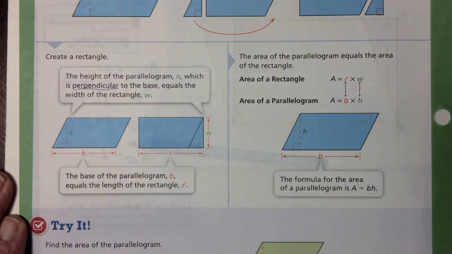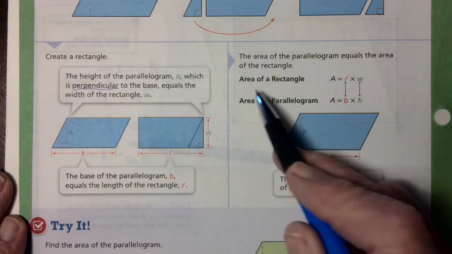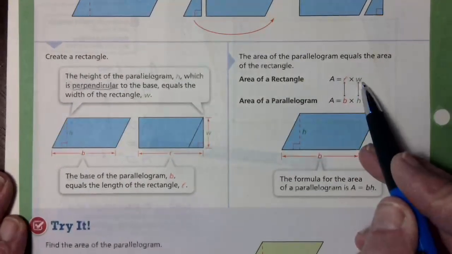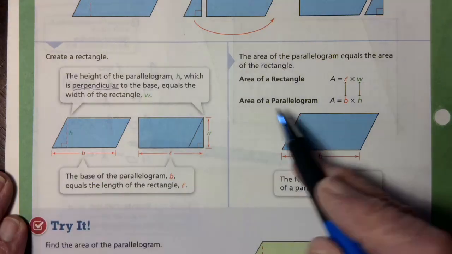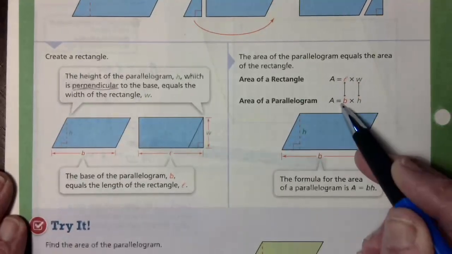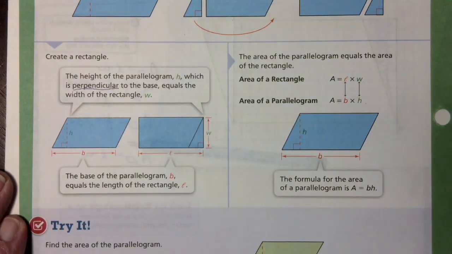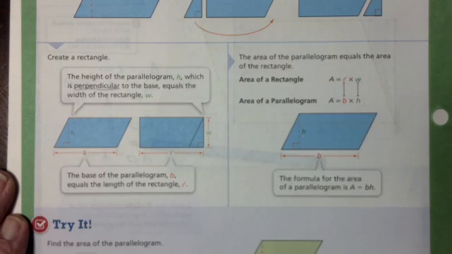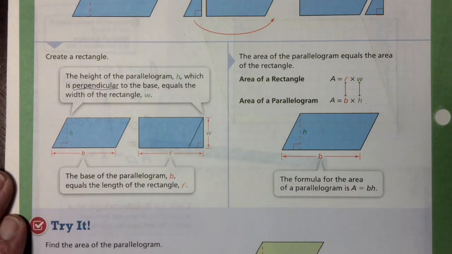Okay? So the area of the rectangle we've always said is the length times the width. Now we're going to say the area of the parallelogram is base times height, because there's a reason for this. You say, why are they changing letters? Well, there's a lot of formulas that have B's and H's in them, and the B and the H always have to be at right angles to each other.